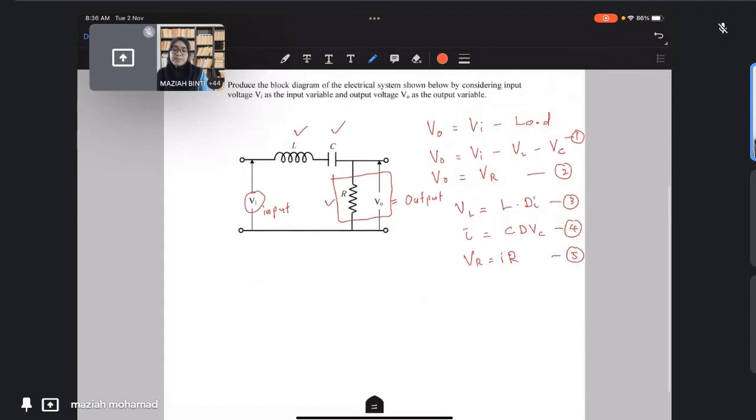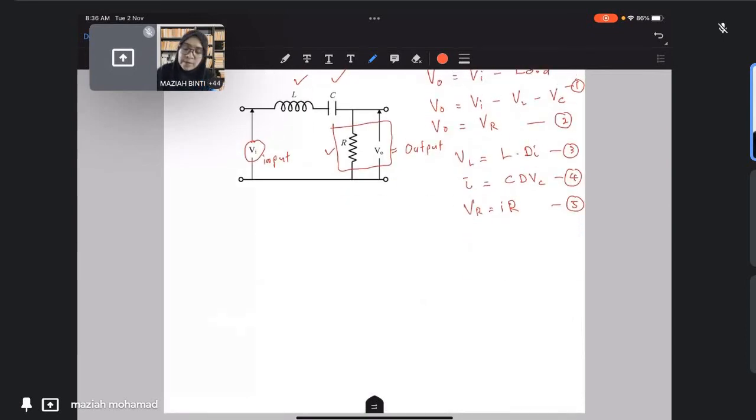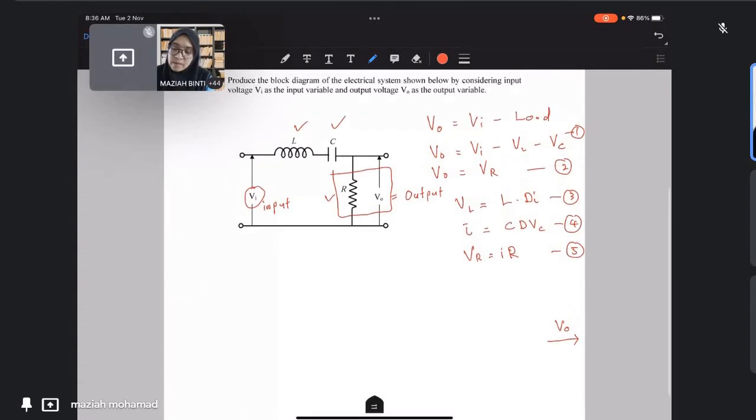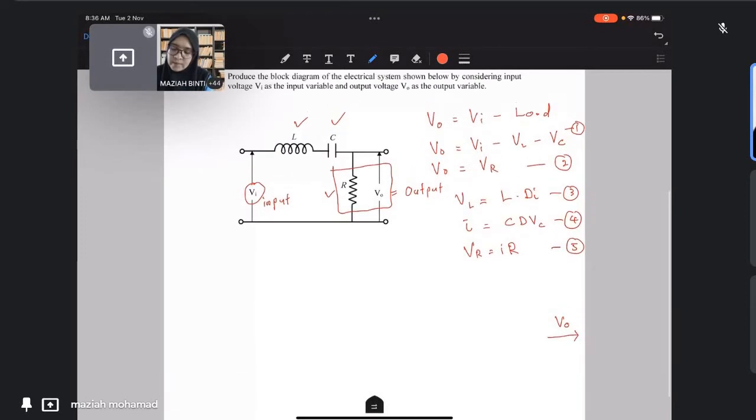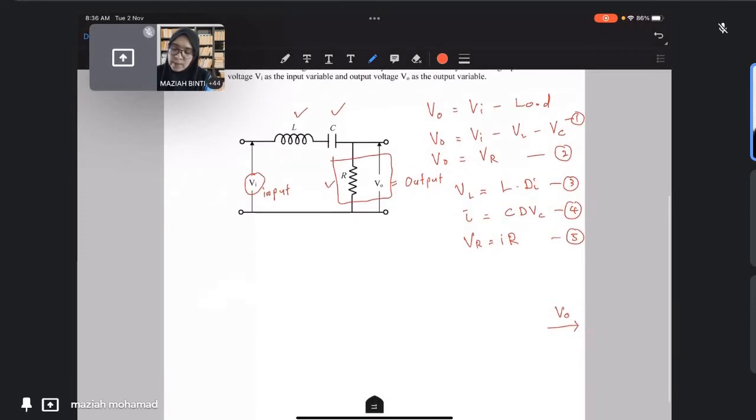So the block diagram, V out. Equation number 1, equation number 2, V out. Let's use equation number 1. It is a summation point. Not very suitable to use equation number 1.